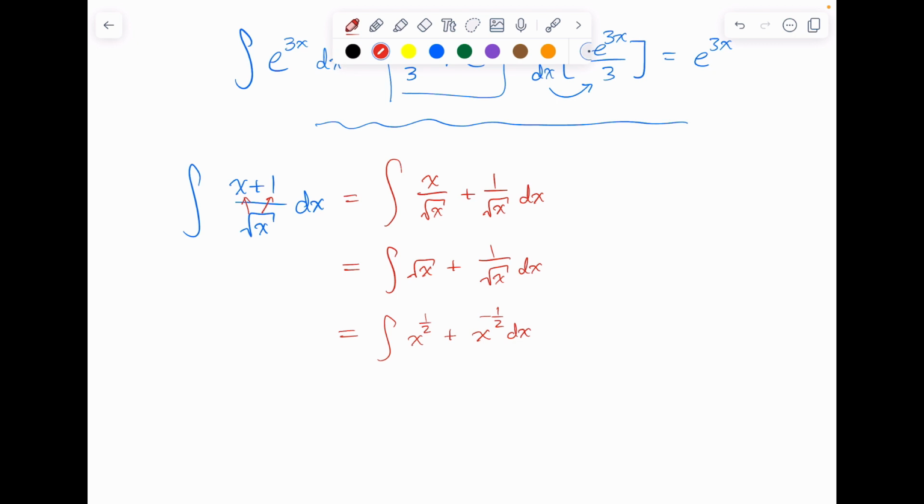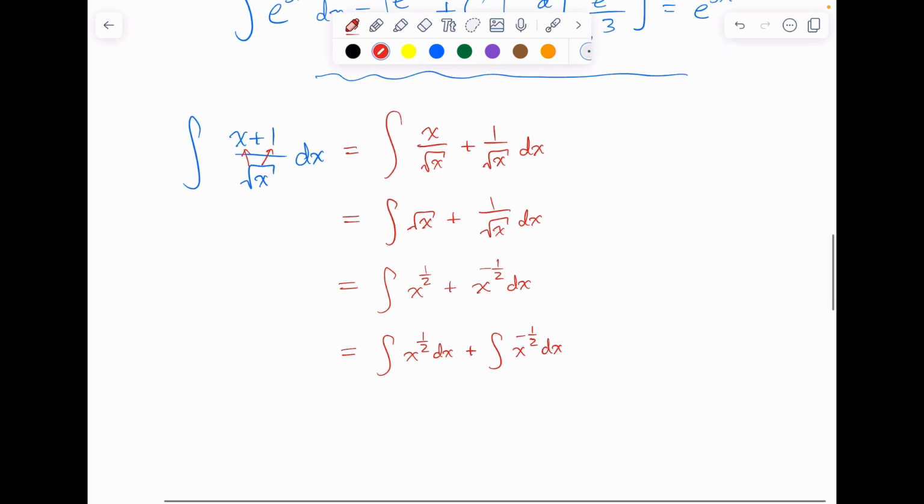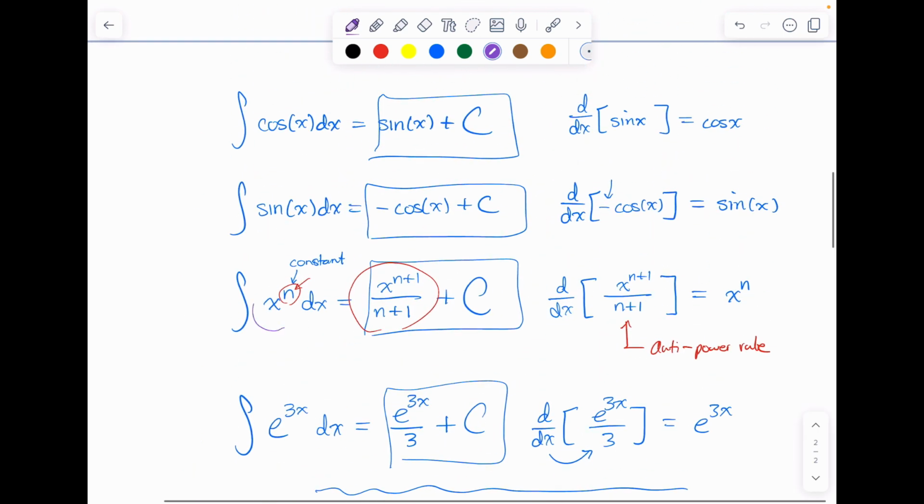A nice property of the integral is that we can split it up into two integrals if doing the whole thing is too confusing for you. We'll get into that more in the next section. But if we have it written this way, we have a nice little formula right here.